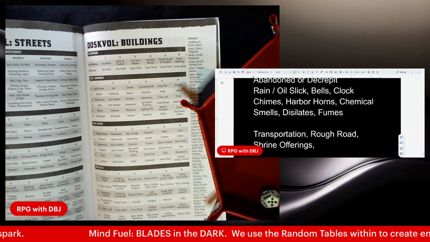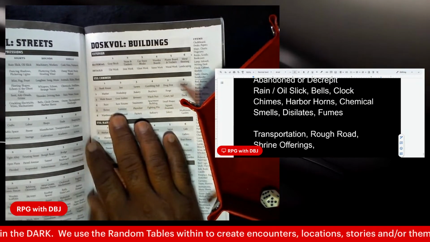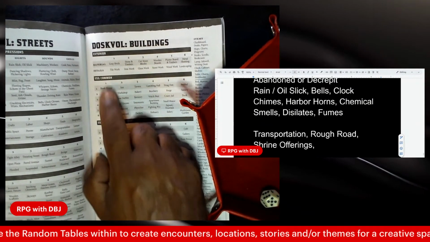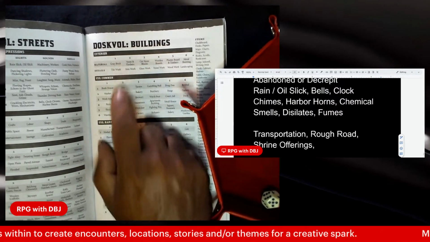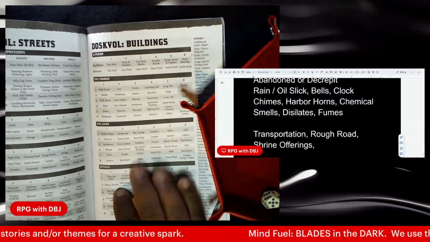So Duskval is also Duskwall. All right, so we have exterior buildings during this black border here. We have a use that's common, and a use that's rare, and then details.